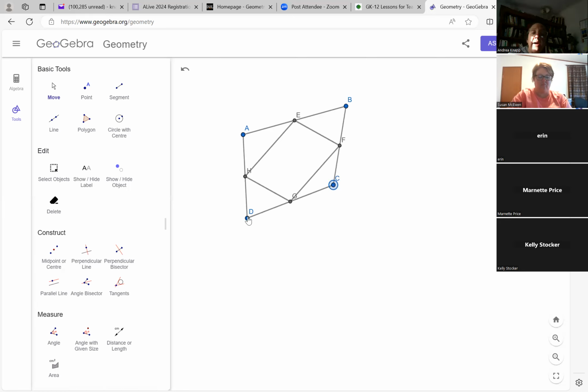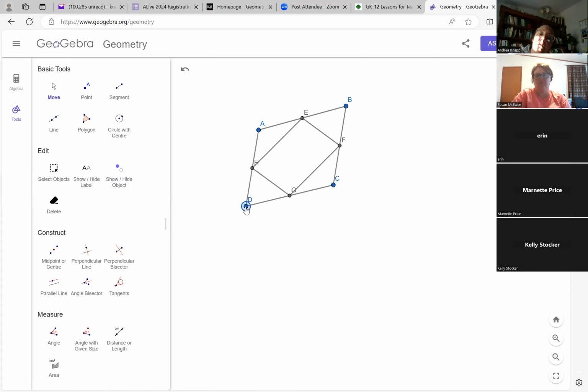So I'm going to just drag this into a rhombus shape. It's not a construction, but we can get an idea of that interior figure just from dragging this.